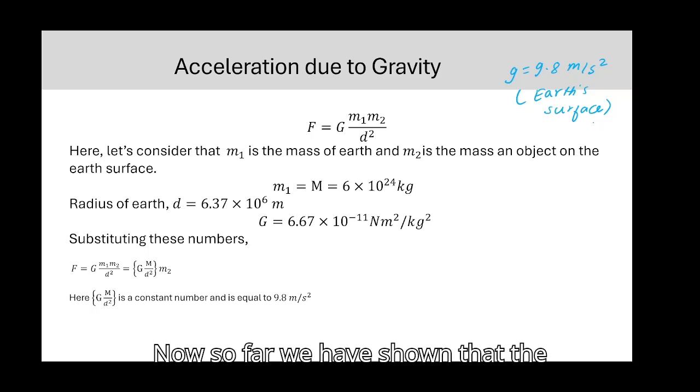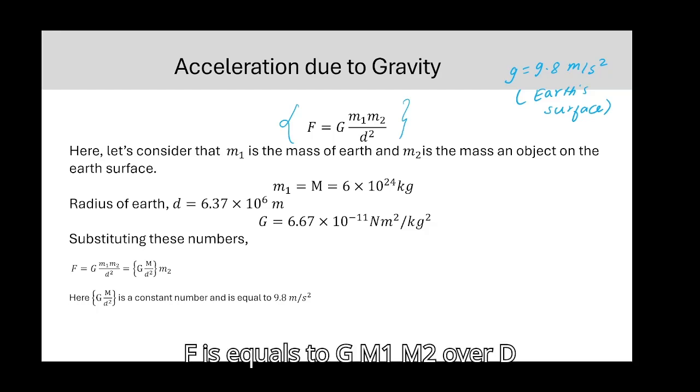So far we have shown that the attractive force between two masses is given by this universal law of gravitation: F is equal to G m1 m2 over d squared. And if we look at this m1 and m2, these are masses, right?